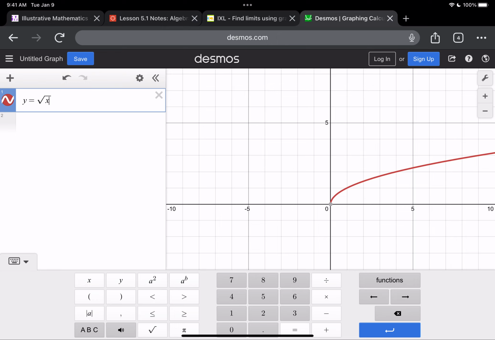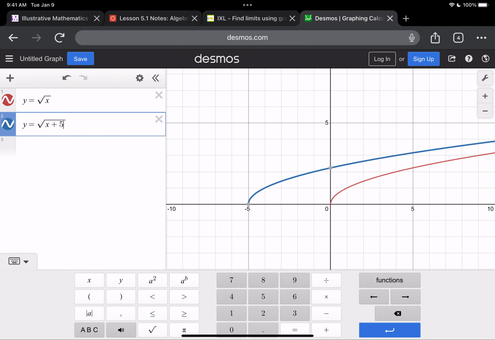Now, when I put in y equals square root of x plus 5, it's shifted to the left 5 spaces. I also want it to go down 3, so I'm going to make sure it's outside the square root. I'm going to go minus 3, and not only has it shifted to the left 5, but it's gone down 3.